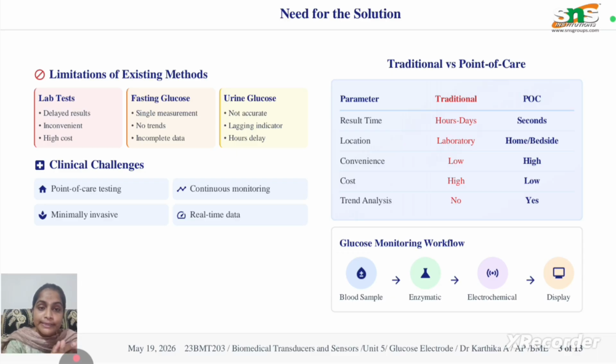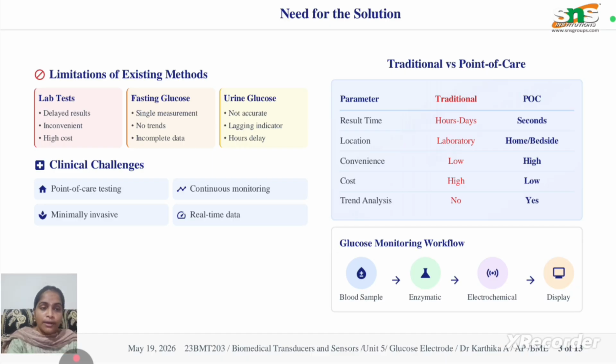Here, see the table, traditional versus point of care. Here I've included the parameters: result time, location, convenience, cost, as well as trend analysis. The traditional method takes hours to days, and the test should be carried out at the laboratory.